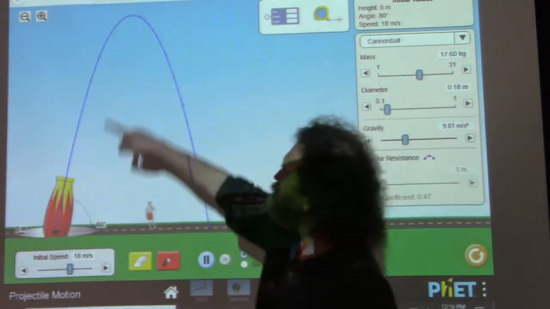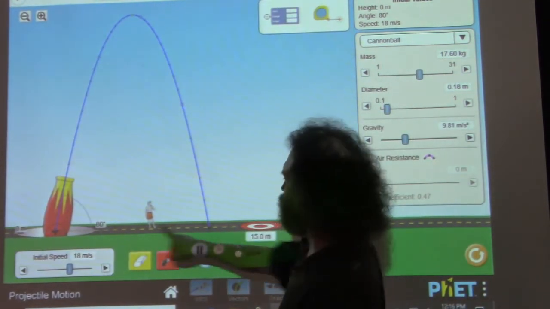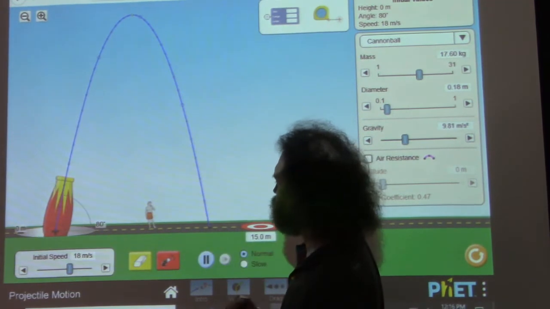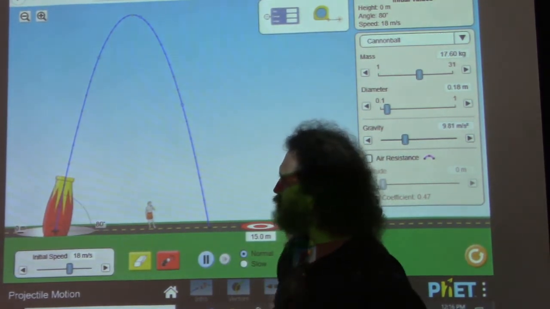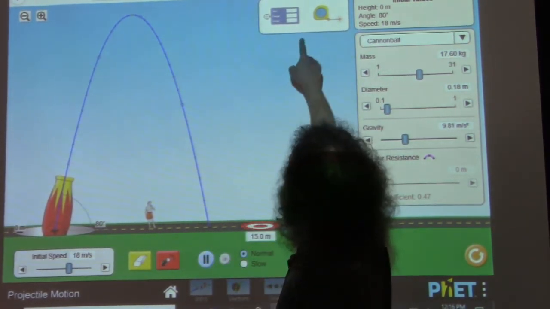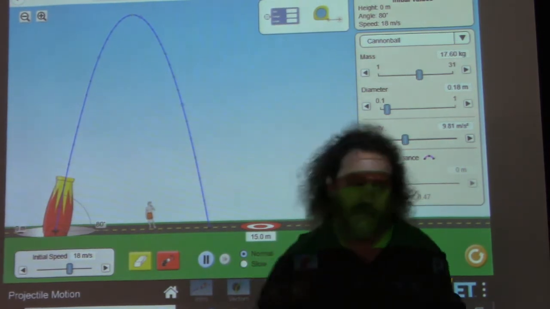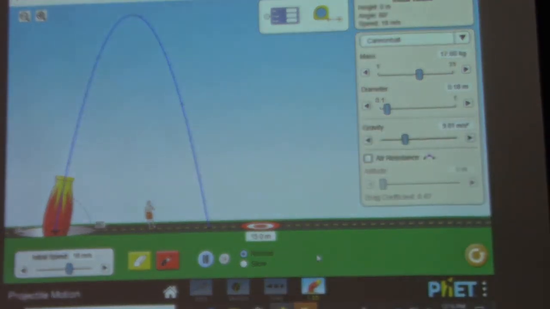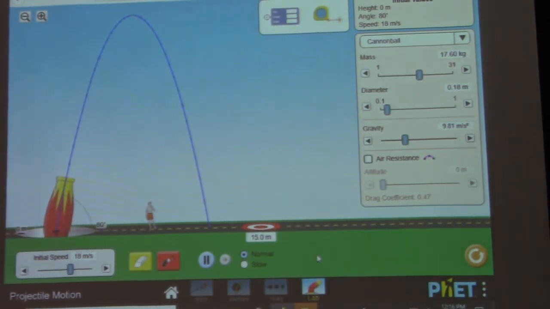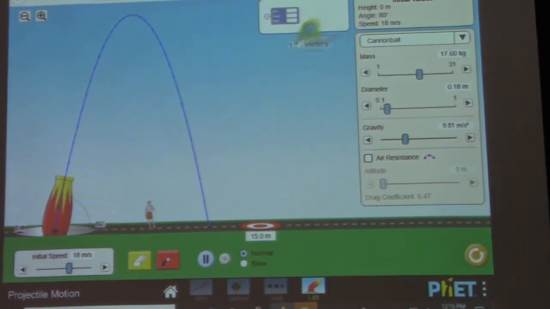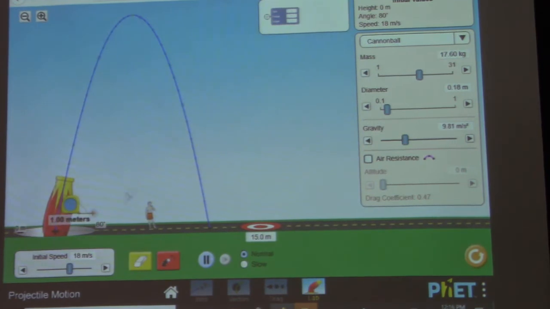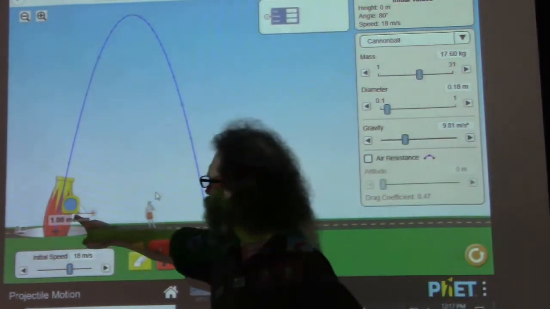So it traveled in one of these arcing paths and went a certain distance in front of the cannon. Now there's a tape measure up here. I'm going to pull that down and measure how far it went. There's two little orange plus signs on the tape measure.